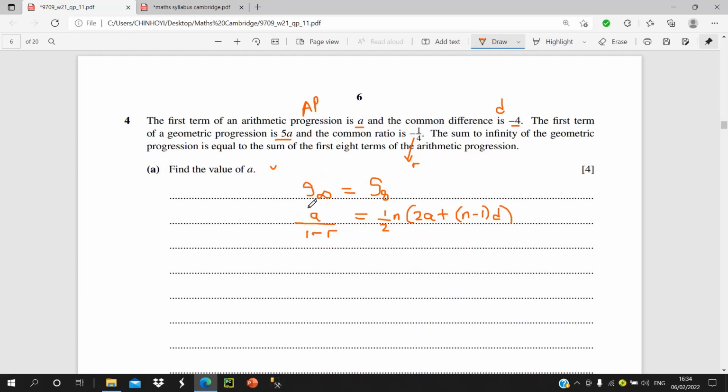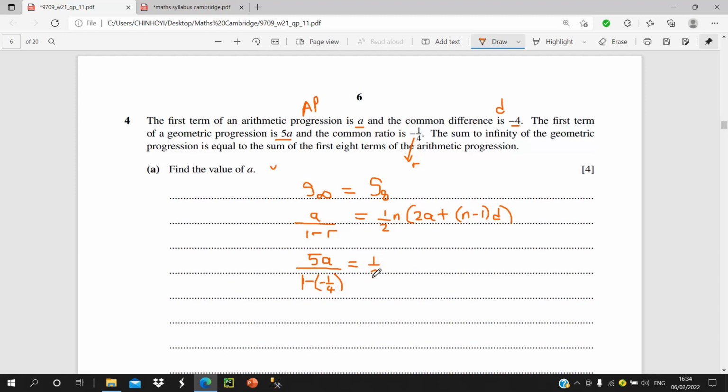For the geometric progression, we are told the first term is 5a. So we put 5a here, over 1 minus r. Our r is minus a quarter, so here we put minus a quarter, which is equal to half.